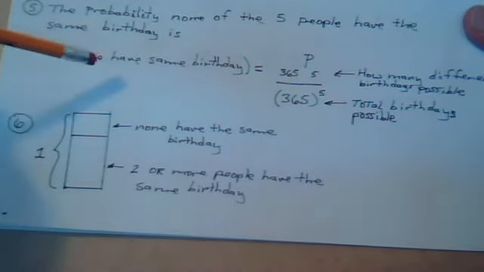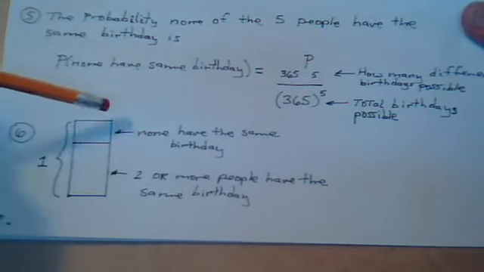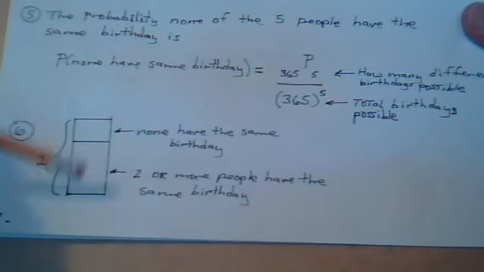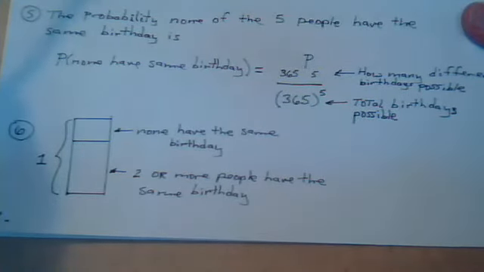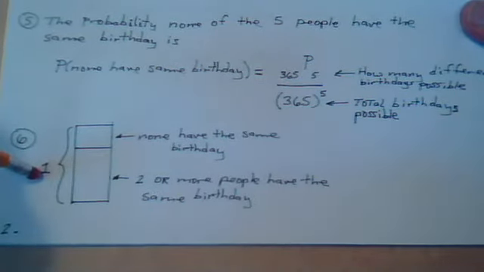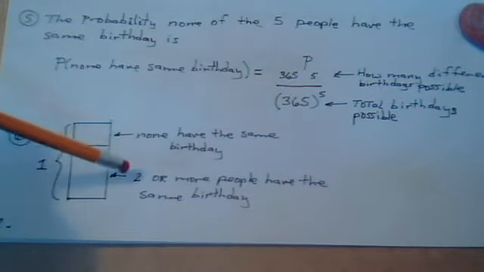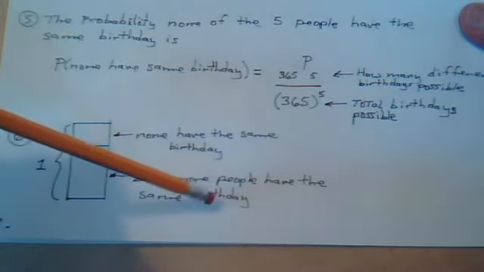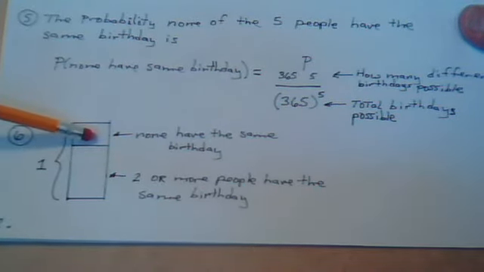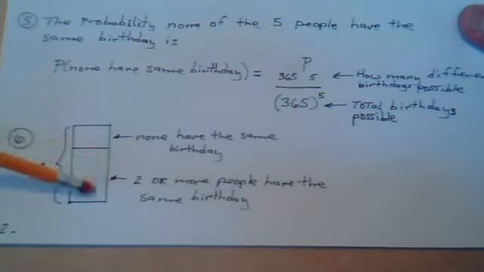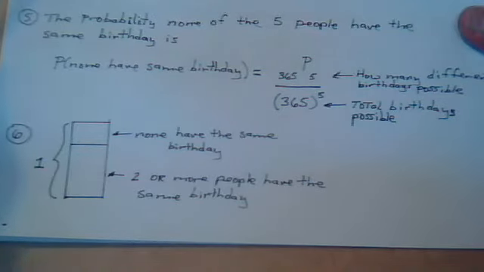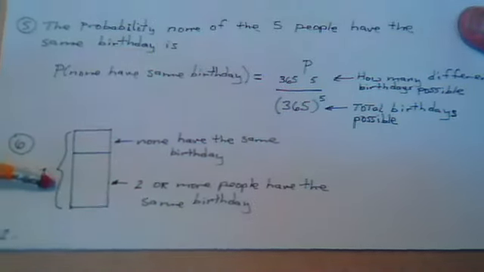Now, part of the universe, this universe we've been talking about in this problem, we have the probability of none having the same birthday, and then we have the group of 2 or more people having the same birthday. Together, they make up the universe for this problem. So to find the probability of 2 or more people having the same birthday, all you have to do is say 1 minus the probability of none having the same birthday, and that will give you this part, which would be 2 or more people having the same birthday.